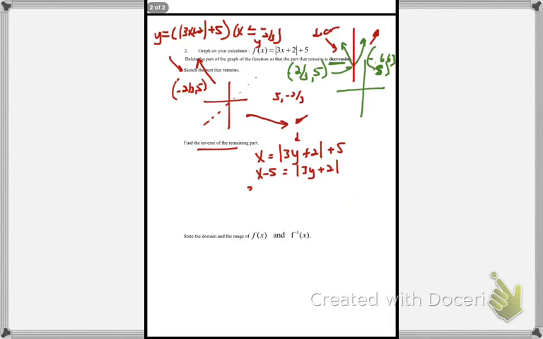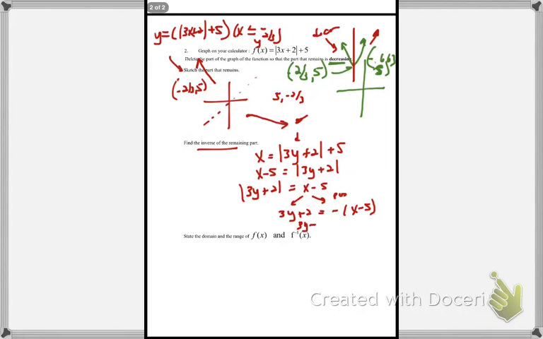At this point, I like to switch these and put my absolute value on the left-hand side. If you remember your absolute values, you always get a positive path and you get a negative path. This time, we want the negative path. The 3y plus 2 is equal to the negative of x minus 5.